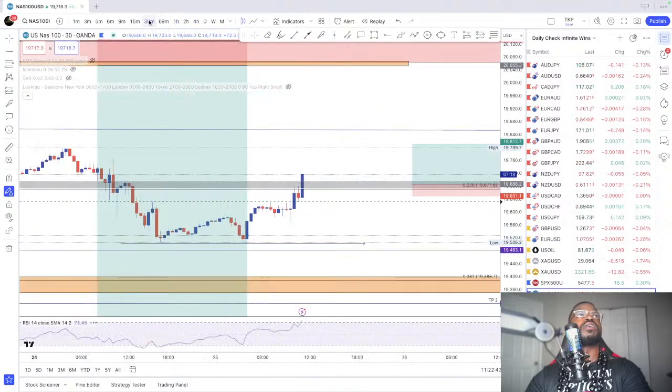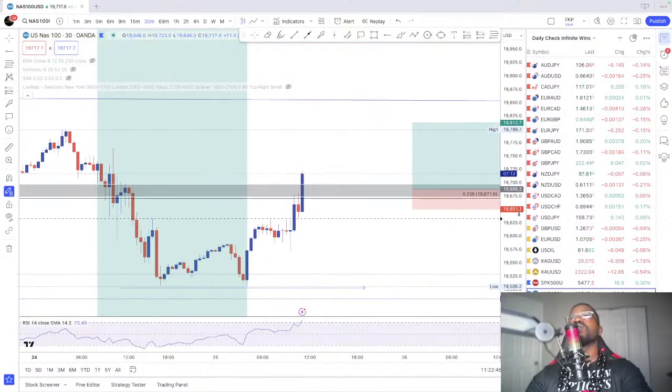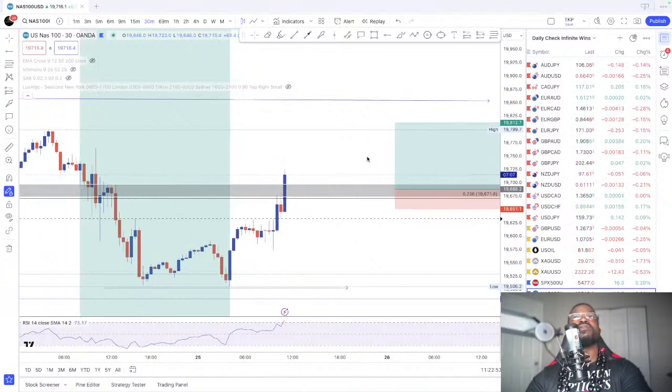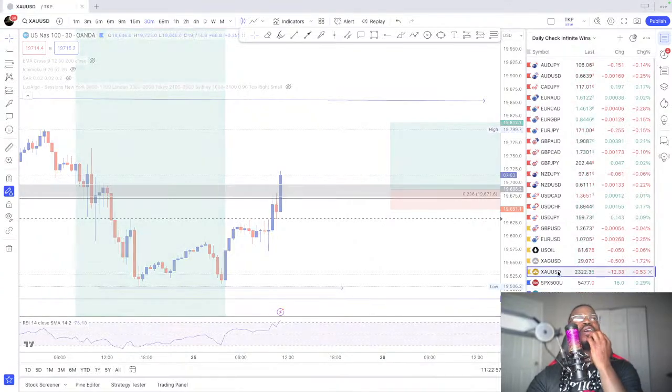What time frame is that? Okay, so we got 7 minutes left in this candle close. Yeah, that is wild how that played out, V. But perfect though. Man, let's check out gold.